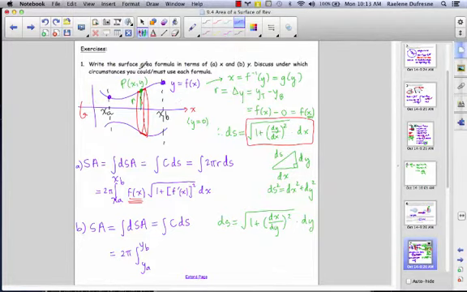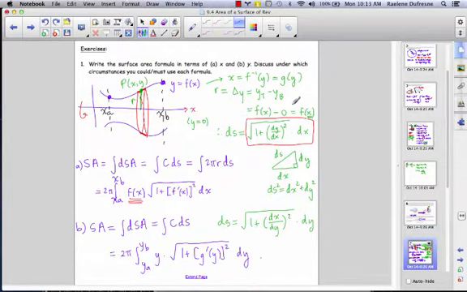And so now we have y times the square root of 1 plus dx by dy, which is actually g prime of y. And don't forget that g is f inverse. So we could express the integral for surface area in terms of y as follows.